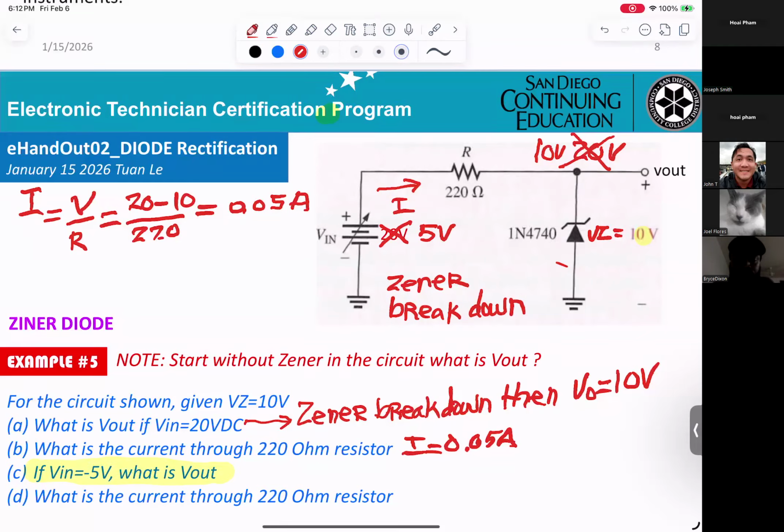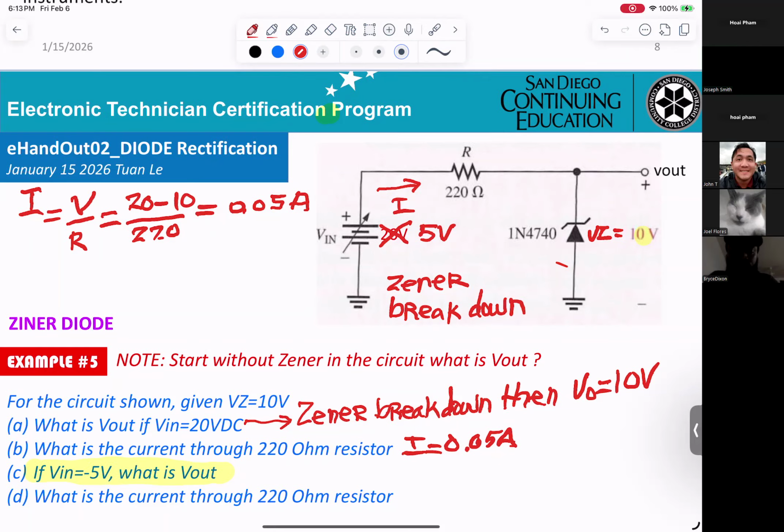Okay, I think it says -5. Okay. If they change to 5 volt, what is V out? That means now we come up with the input 5 volt, what happened to the diode?